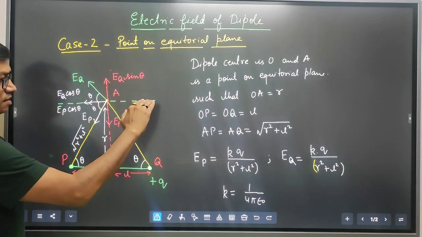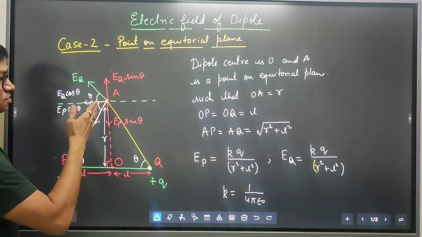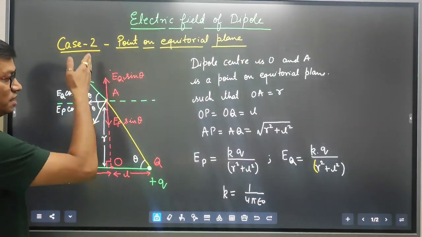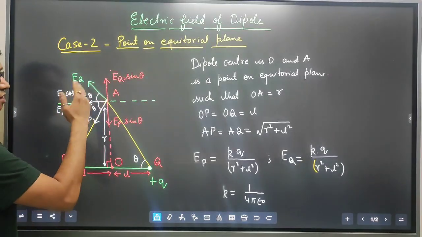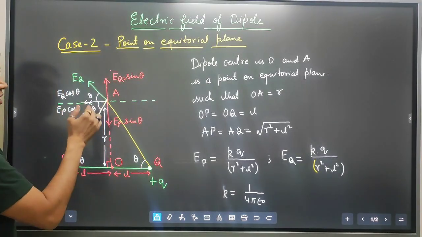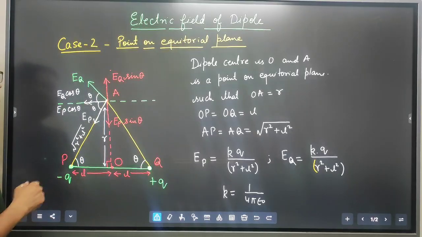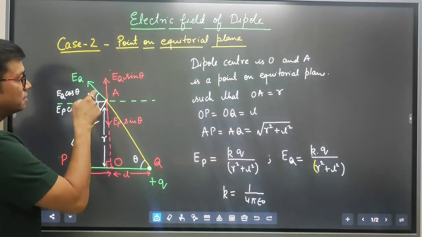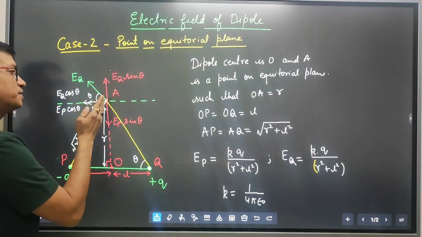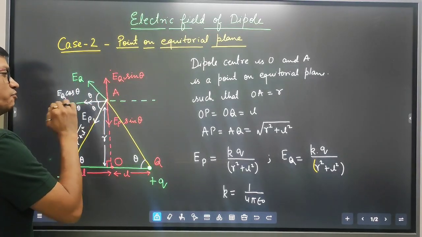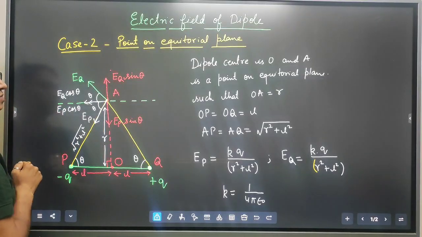Let's imagine a horizontal or x-axis and a y-axis like this. Let's resolve these two electric fields EQ and EP along these two lines. If you focus on EQ, it is like this. One component would be EQ sin theta and one component would be EQ cos theta.